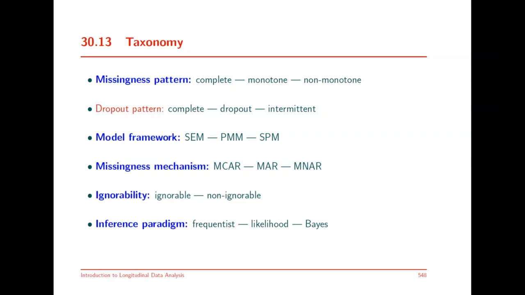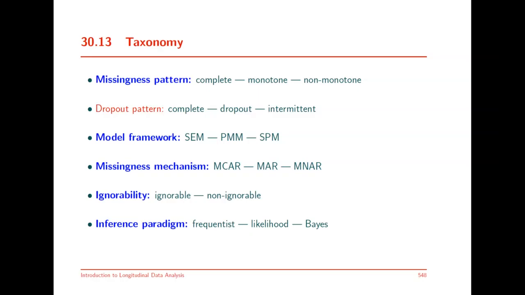But of course, in the case of time ordering, like in longitudinal studies, we can talk about dropout and intermittent missingness because that reflects the time ordering. We drop out at a certain point in time, or we miss a visit, but later we come there again. You see that there is reference to time in the way I describe it.